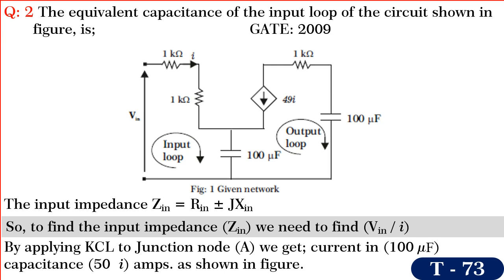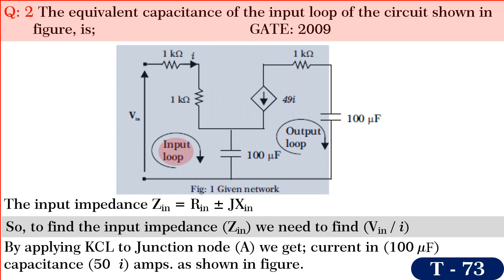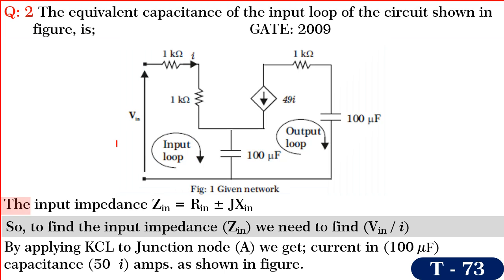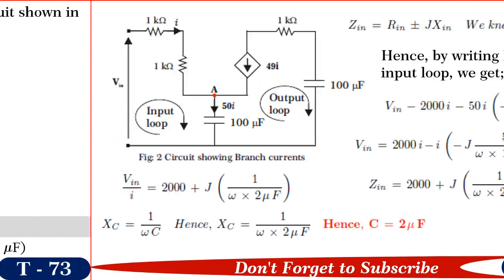In this question, we are required to find the equivalent capacitance of the input loop of the circuit shown in figure. We know that the input impedance Zin is equal to Rin plus or minus jXin. So, to find the input impedance Zin, we need to find Vin divided by I. Observe the network.